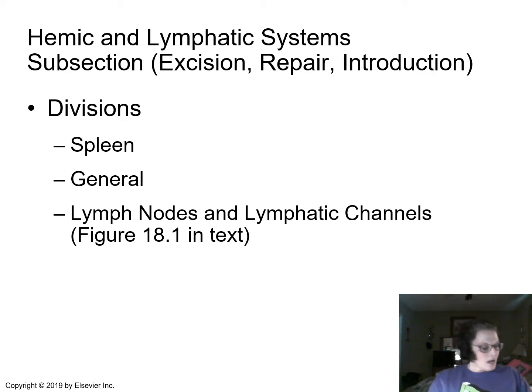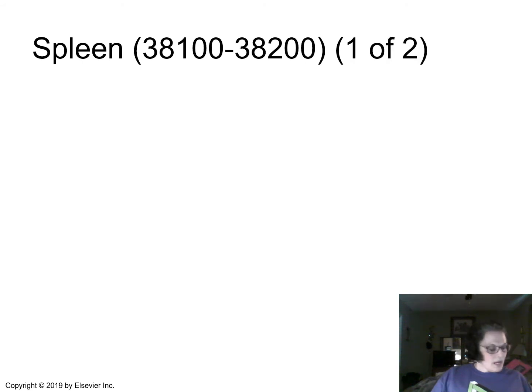Okay, so the subsection is divided into subheadings of spleen, general, and lymph nodes and the lymphatic channels. You're going to see a picture of that on 18.1 in your textbook. Further division is based on the type of procedure, such as excision, incision, or repair.